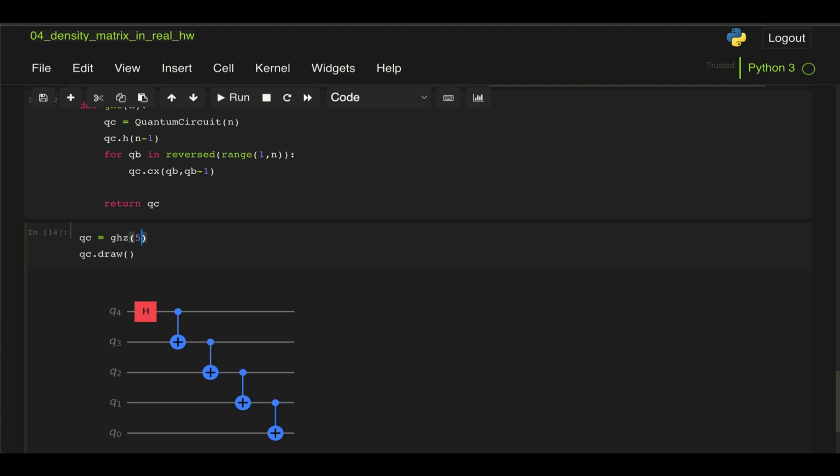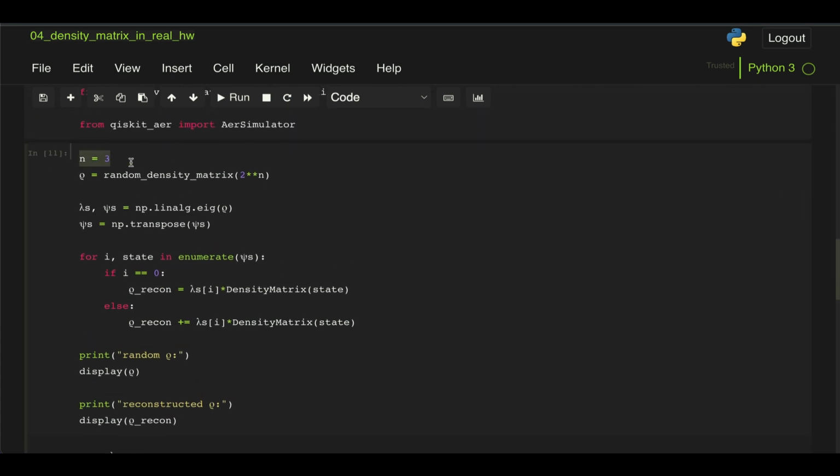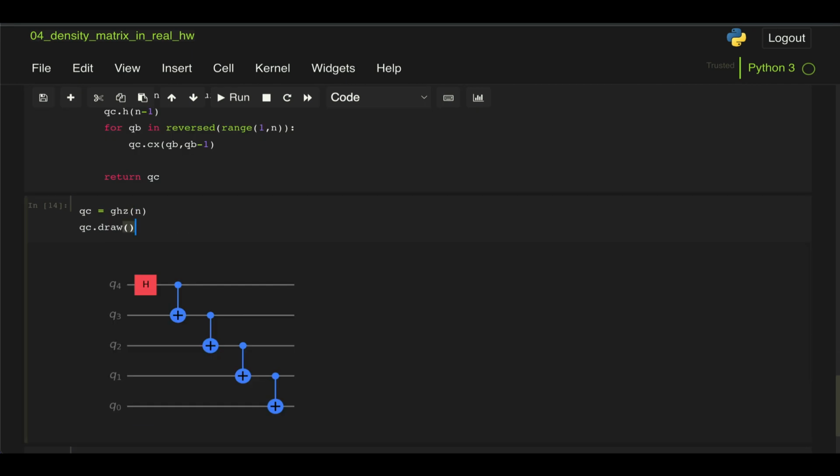So here, since I define a variable n to make this general, I'm just going to pass n here as well. And now we're going to evolve our density matrix through that quantum circuit. What we're doing here is basically having Qiskit evolve this using just matrix multiplication.